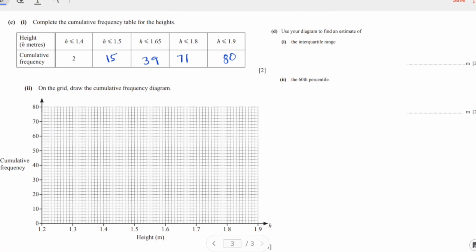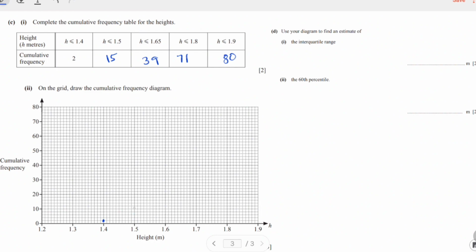Now I am going to use these values to draw the cumulative frequency diagram. First of all, I check for 1.4, which is 2. 1.4 is here, the 2 is here, I'll mark here. Now for 1.5 it is 15, so under 1.5 I'll go for 15.